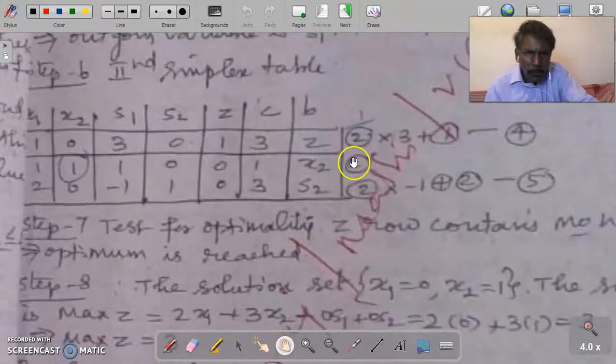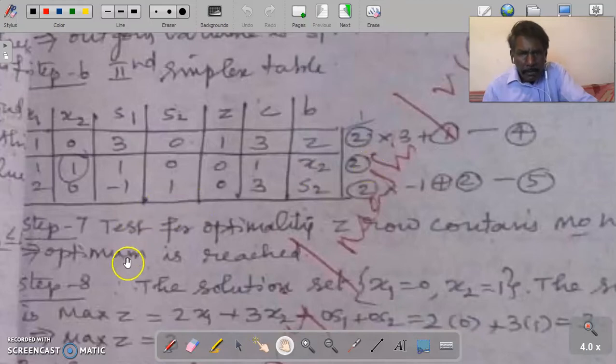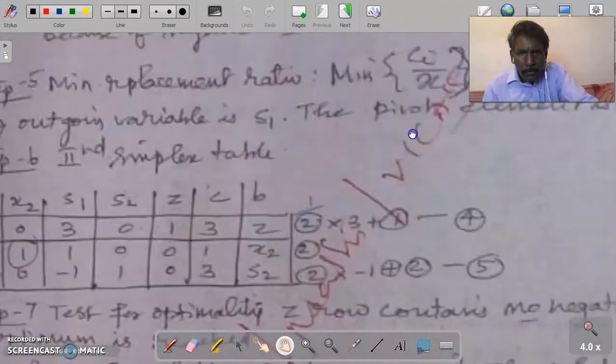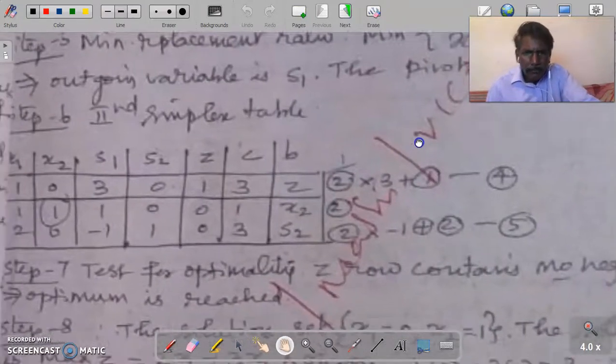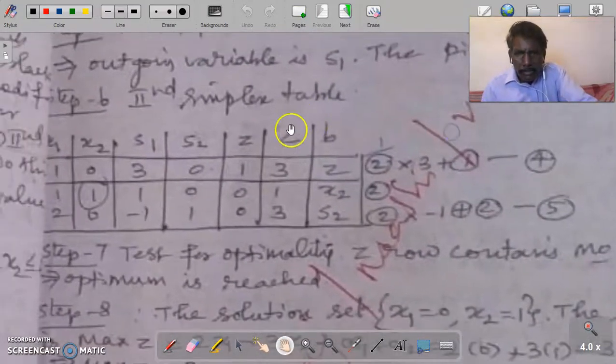Now, what is the outgoing variable? To find the outgoing variable, we have to find the minimum replacement ratio by using this particular formula. Now look at this. This is the constant and this is the variable, so this divided by this.